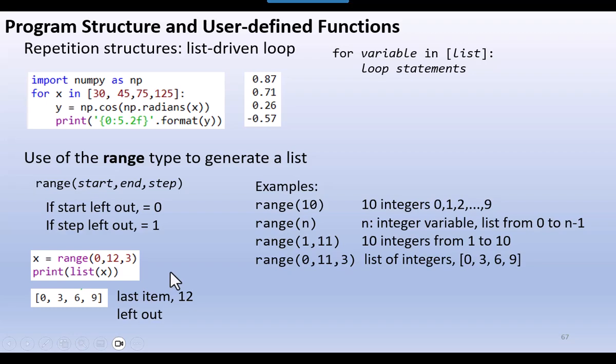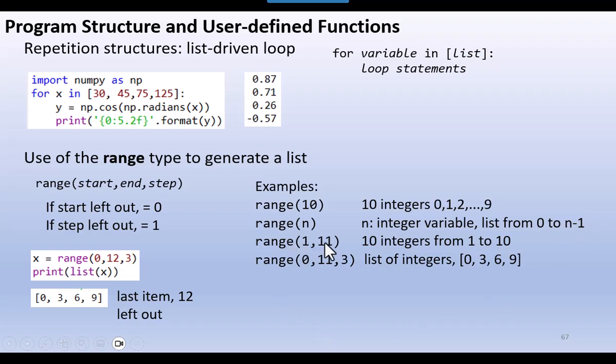Now, here are some examples over here on the right. If I just do range 10, that means it's starting at 0, and it's going to go up to 9 in steps of 1. So you get a list of 0 to 9. If I do generally range n, where n is an integer variable, it's going to give you a list from 0 to n minus 1.